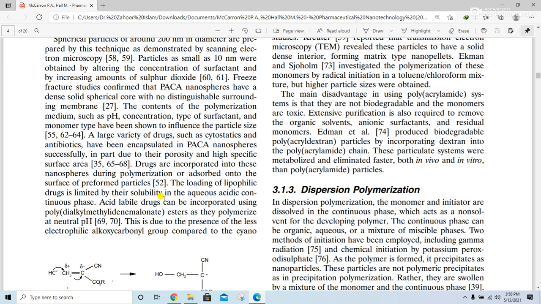The loading of lipophilic drugs is limited by their solubility in the aqueous acidic continuous phase.